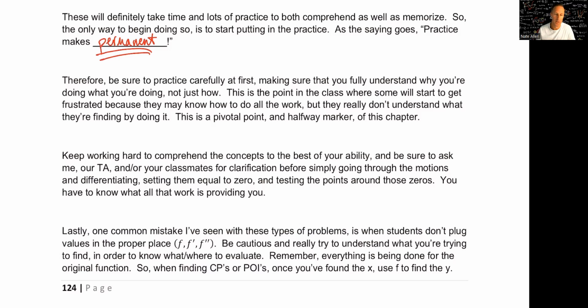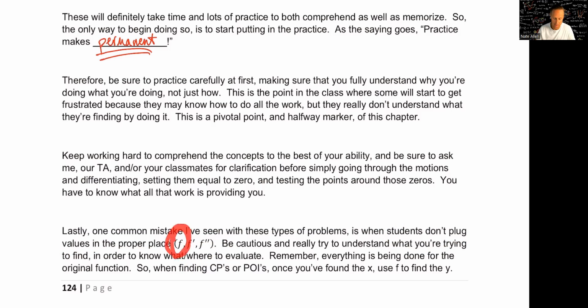So be careful. Make sure that you continue to work with each other, our TAs, and myself. And as one precautionary thing before I let you go, a common mistake that I've seen with these is people not putting things in the proper places.